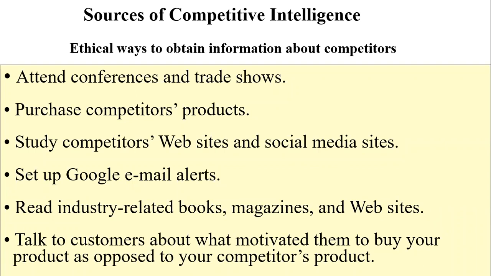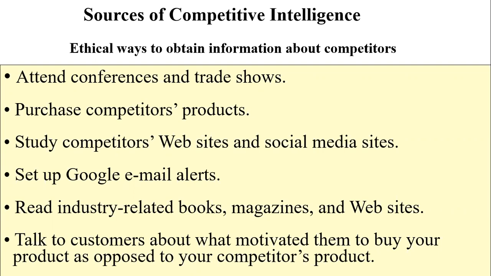And they can do so by attending conferences and trade shows where their competitors will be present and presenting their ideas. They can also purchase competitors' products so that they peruse them. They can also study competitors' websites by always surfing on them. So you'll be like a wall gecko moving from one competitor's site to the other to always see what's new they are trying to bring.